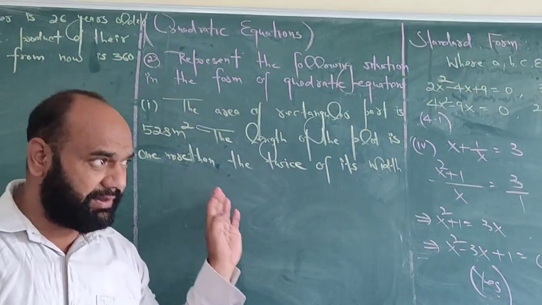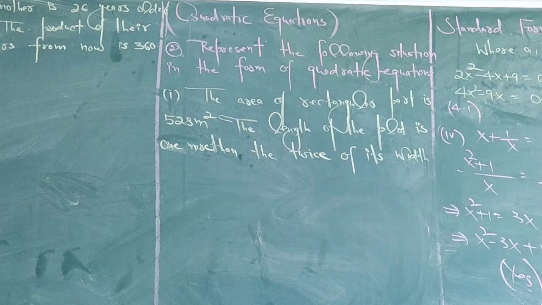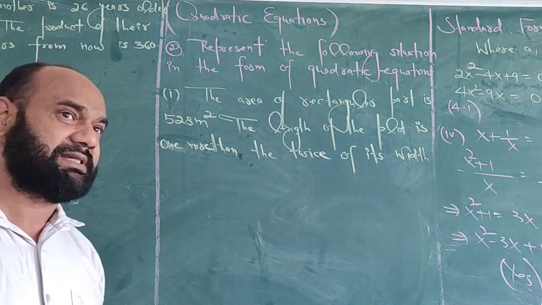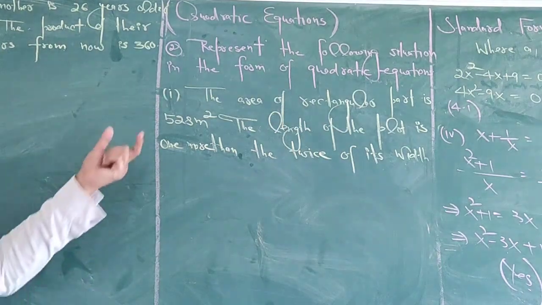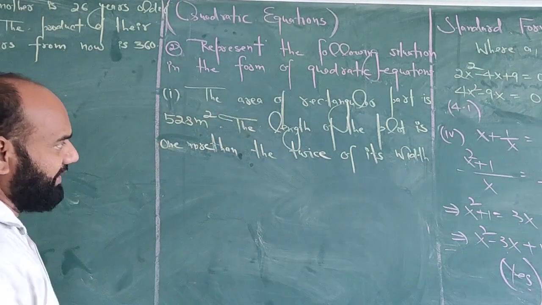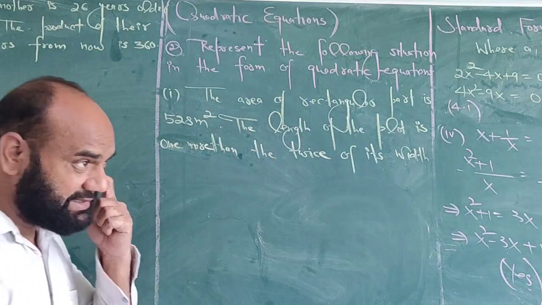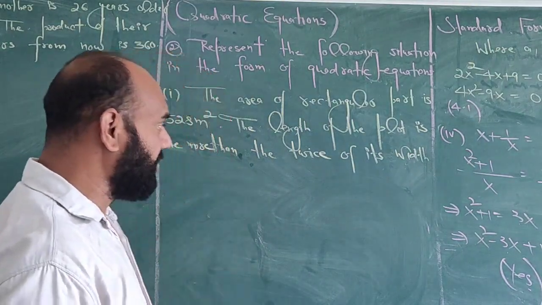We have been given some situations in question number 2 and we convert the situation into quadratic form. The first situation is: the area of a rectangular plot is 528 meters square and the length of the plot is 1 more than twice its width. Represent this situation in the form of a quadratic equation.